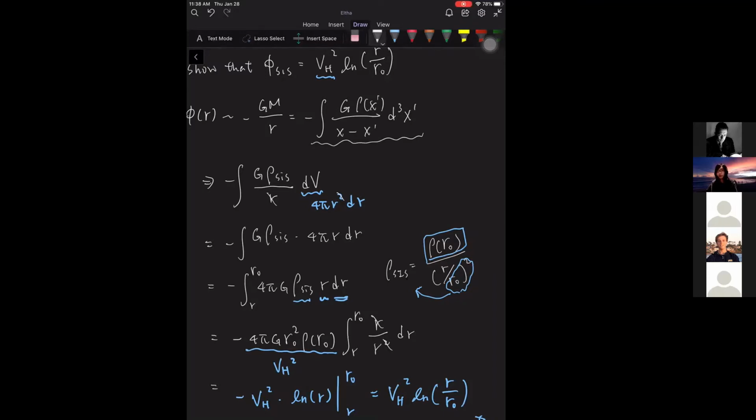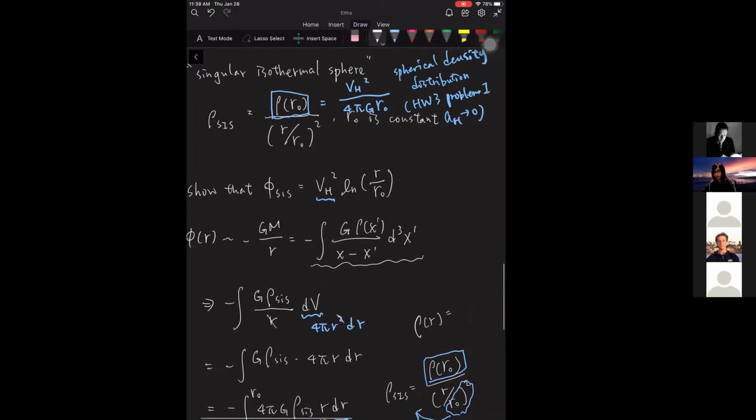I just have one more question. What is rho as a function of r naught? Like, what is that exactly? Oh, so the spherical density distribution is in the form of rho of r equals VH squared over 4 pi G r.